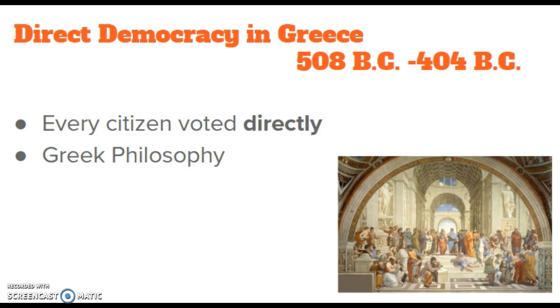Alright, so first and foremost, we spend a great deal of time right now talking about democracy. Democracy in the simplest sense translates to rule of the people, power to the people. We've talked about how direct democracy begins in ancient Greece and is a system where every citizen voted directly. We also introduced the concept that part of the Greeks' contributions to democracy is something called Greek philosophy.